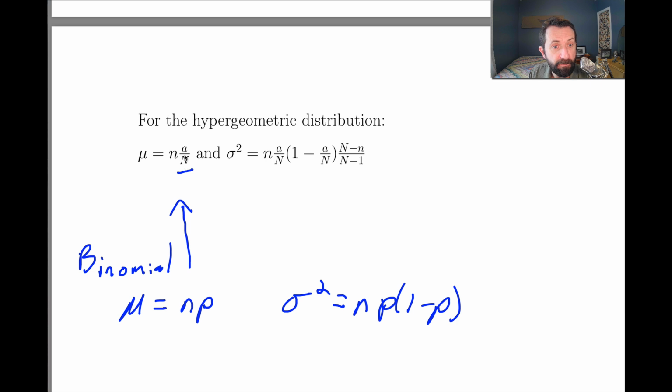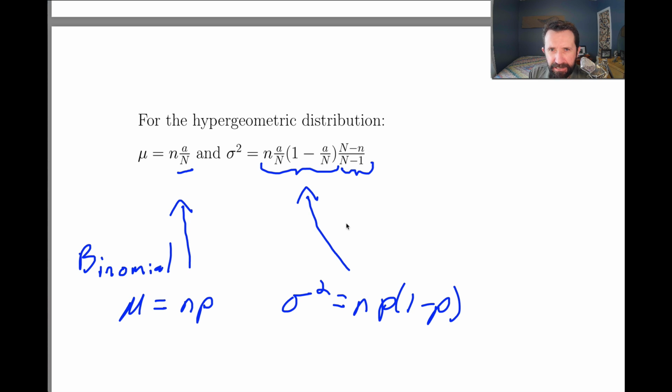Little n times the proportion of successes in the population. And the variance is very much like that. This bit is very much like that, right? Our n times p sort of thing times 1 minus p sort of thing. And we have this extra little thing over here.